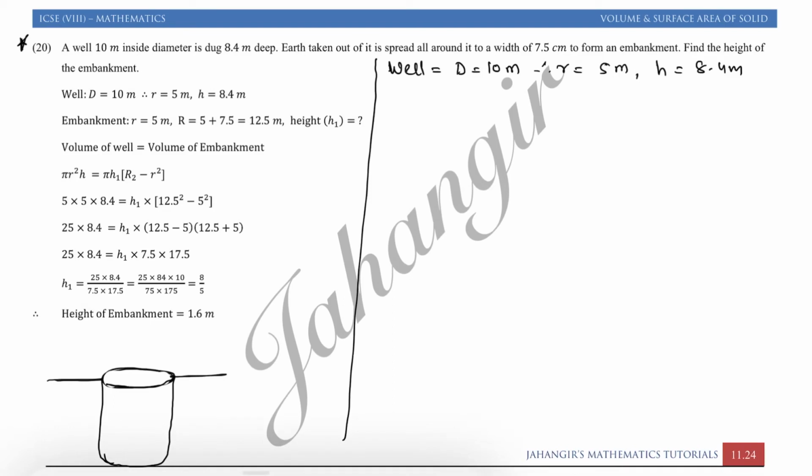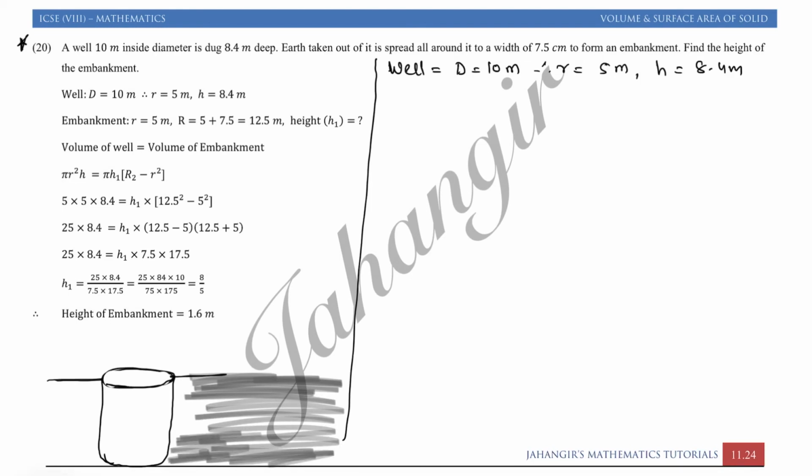On all the rest of the sides we have mud. Let us put mud. This is the ground level, this is the ground level, and this is again ground level.